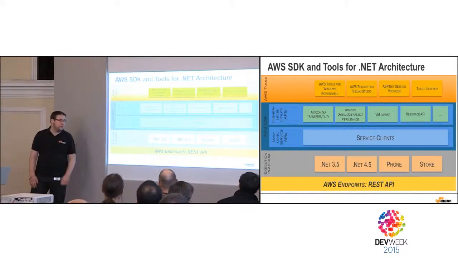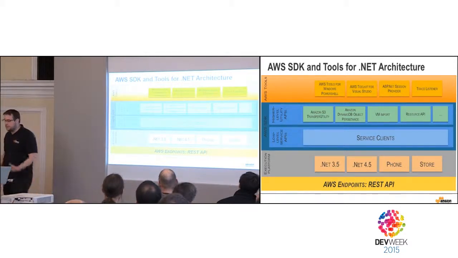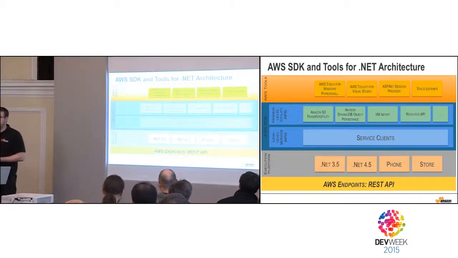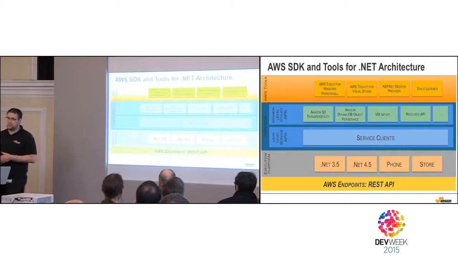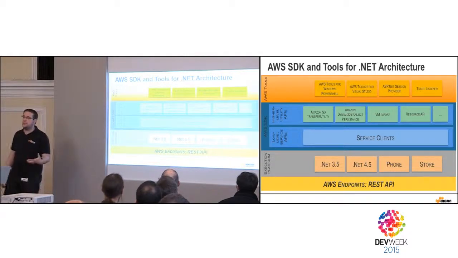What we do as AWS is we provide you endpoints, and then on top of that, you can use any platform you want for running this. We provide SDKs that are integrated with .NET Framework, but we also have them for Java, Ruby, Node.js, Go, Python, so lots of SDKs.